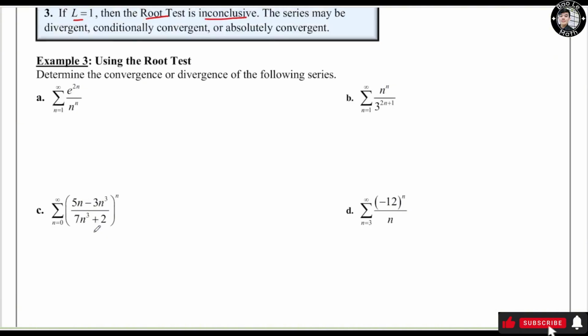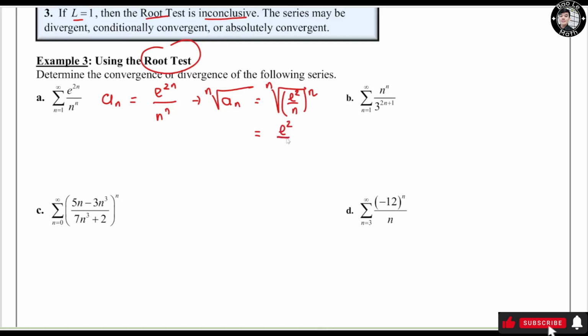Now let's take a look at example number 3. Using the root test, question A. We're going to let a sub n be e to the 2n over n to the n. And then I'm going to take the nth root of both sides. So it's going to be the nth root of e squared over n all together to the n, so this turns out to be e squared over n.